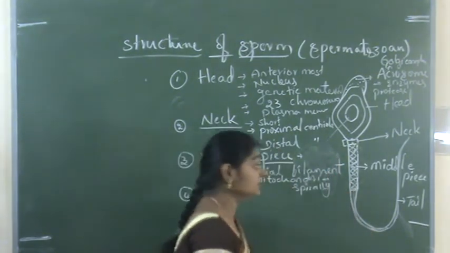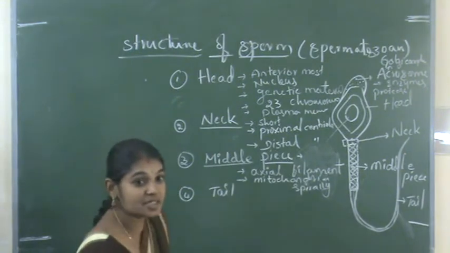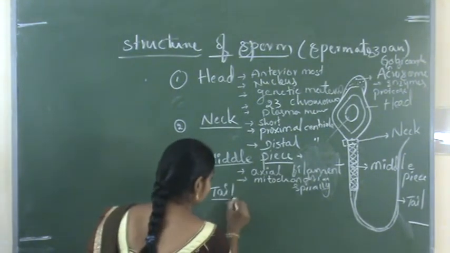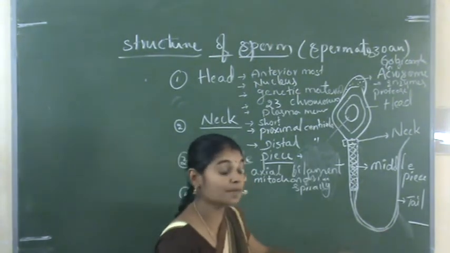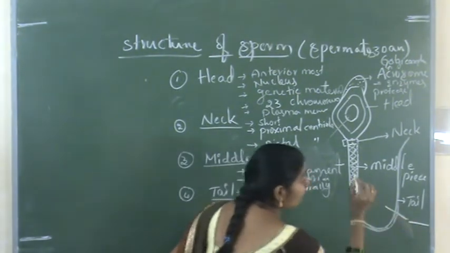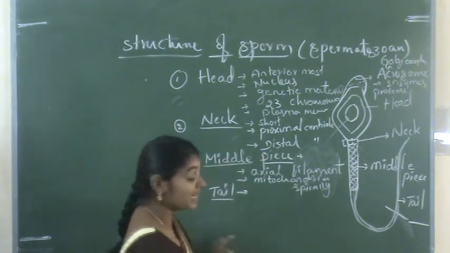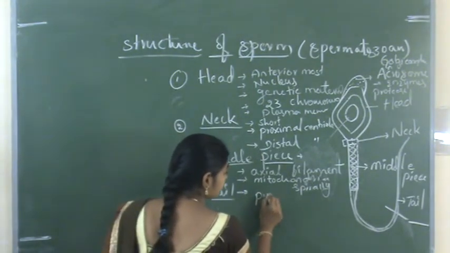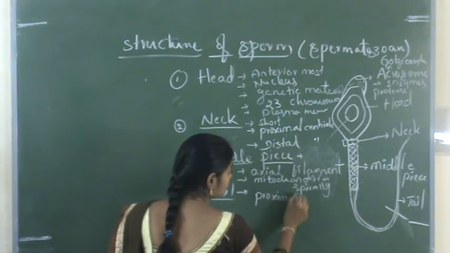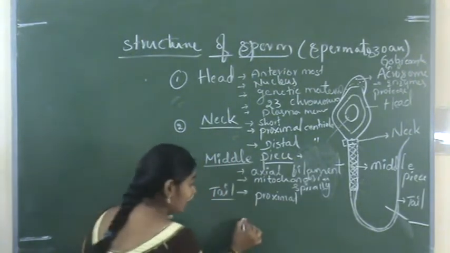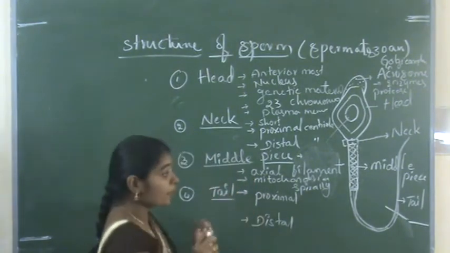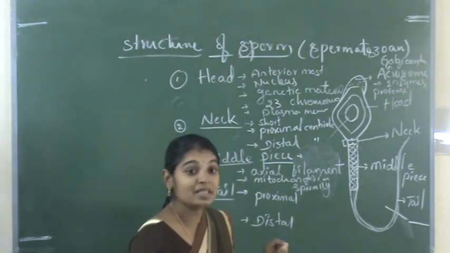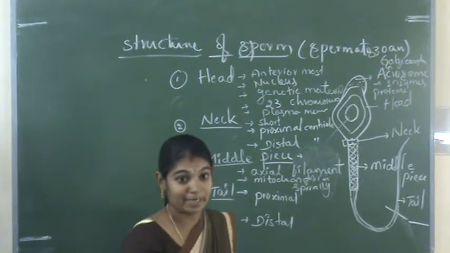And finally, the last part of the sperm is the tail, and the tail is divided into two parts, proximal and distal. The proximal tail is covered by the plasma membrane.